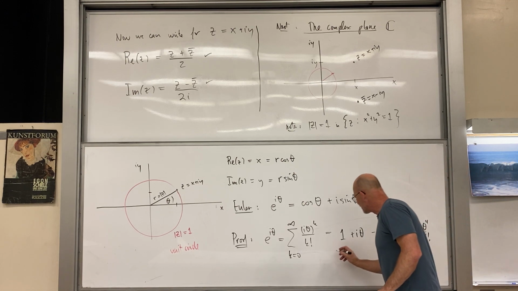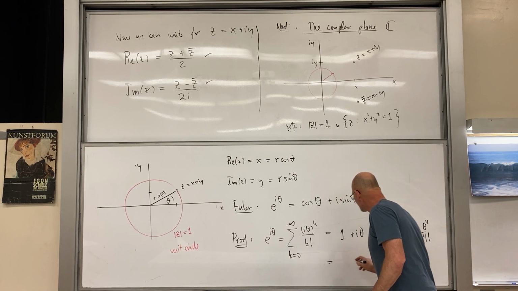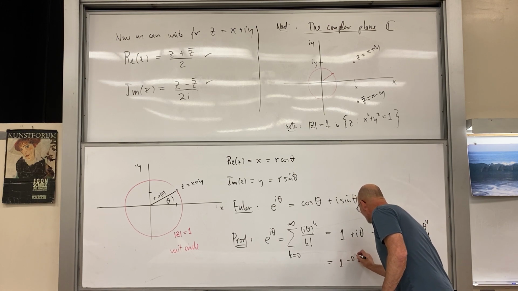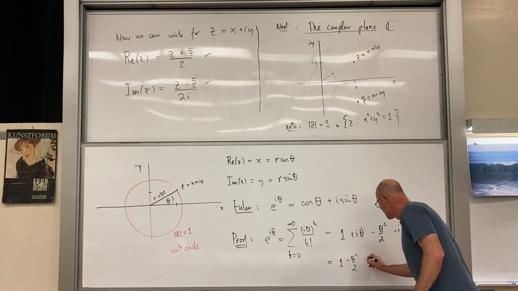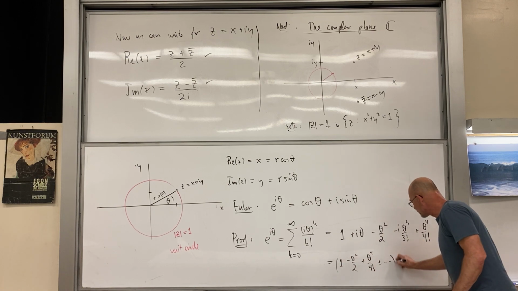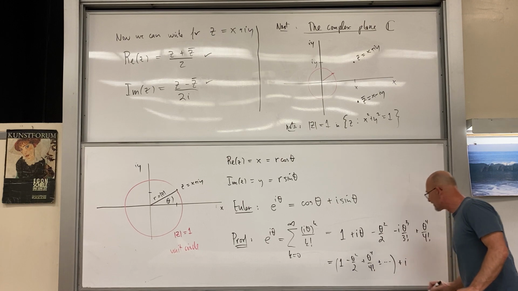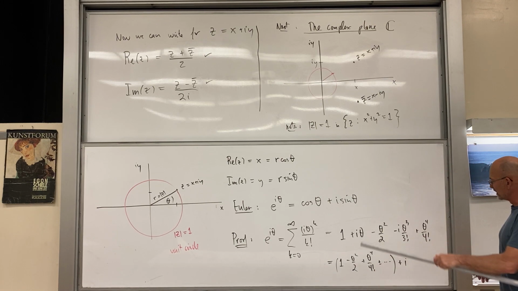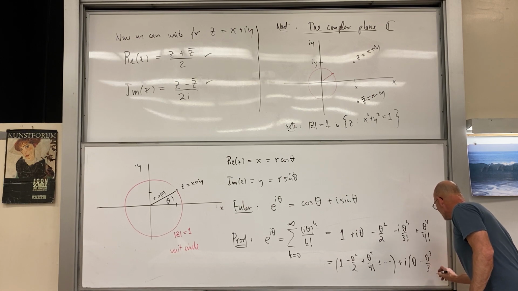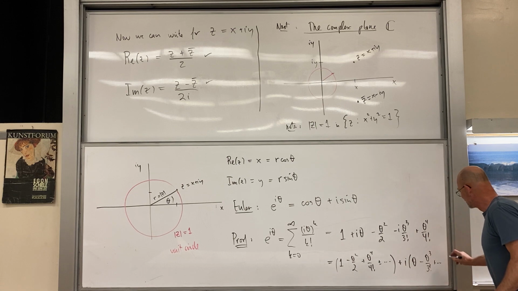So this series turns into 1 minus theta squared over 2 plus theta to the 4th over 4 factorial, plus minus and so on. So that'll be our real part. And if we pull out this imaginary part here, we'll have theta minus theta cubed over 3 factorial and so on.